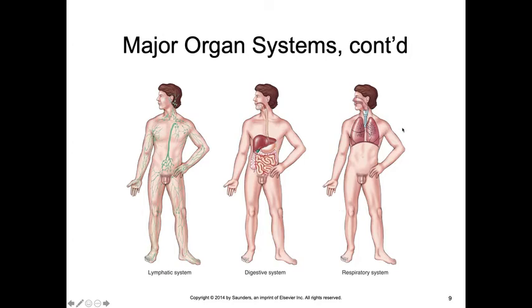And then in the respiratory system, we have the nasal cavity, the pharynx, the larynx, the trachea, the bronchi, the bronchioles, and the lungs, and a muscle called the diaphragm. Okay? And the job of the respiratory system is to pull in air, okay? And when we pull in air, the air has some oxygen in it.